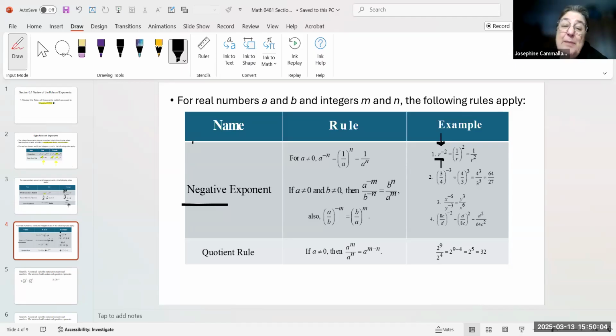Now, the easy part about the second rule is that you'll notice this fraction has two different bases. It has a base of a to a -m. It has a base of b to a -n. We're going to flip the fraction. That's the easiest way to do it, rather than do it the long way.